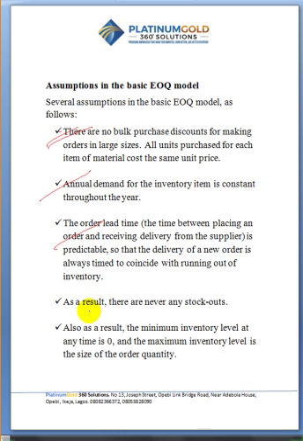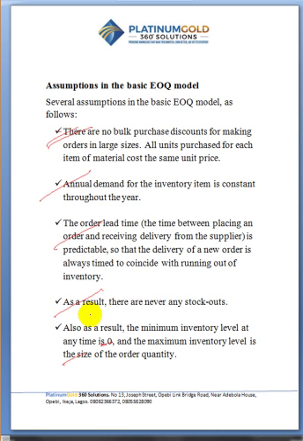And also part of the assumption is, as a result of knowing the lead time, there are never any stock outs. Then also, as a result, the minimum inventory level at any time is 0, and the maximum inventory level is the size of the order quantity.